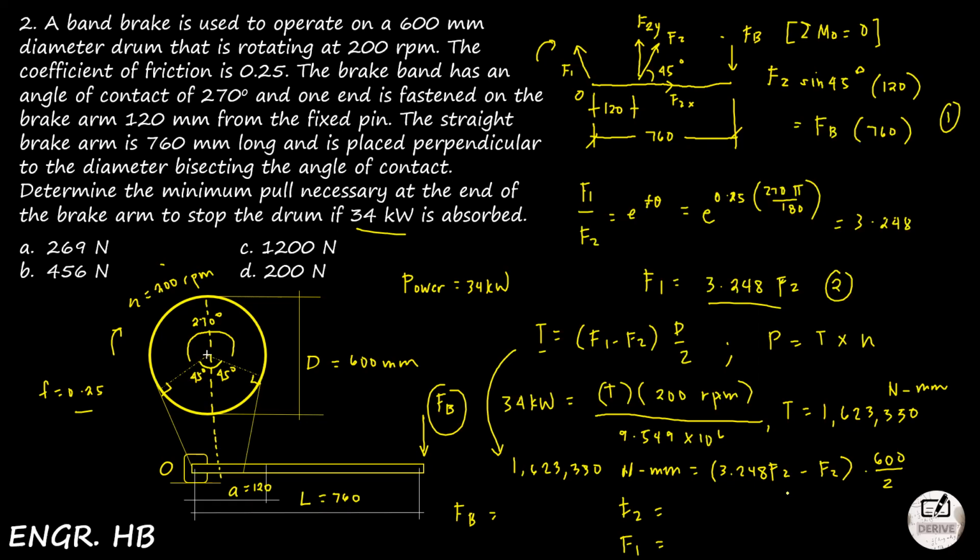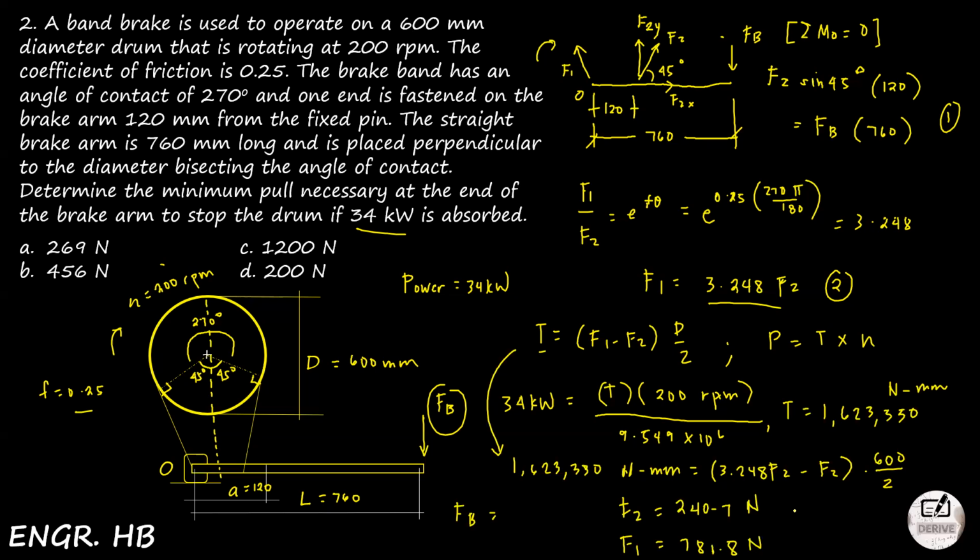Okay. Times 600 divide 2. Labas si F2. Tapos divide mo sa torque yung nakuha mong sagot doon. So we're going to have a F2 of 240.7 Newton. And way back here, we have equation 2, we have 3.248 times F2 that is inserted here. So pwede mo na agad multiply by 3.248 yung sagot mong F2. So your F1 is 781.8 Newton.